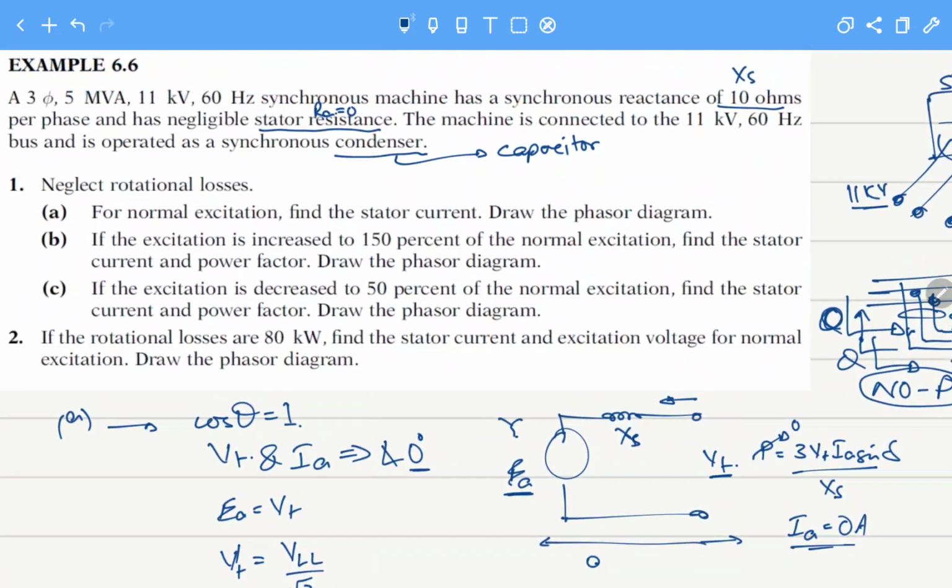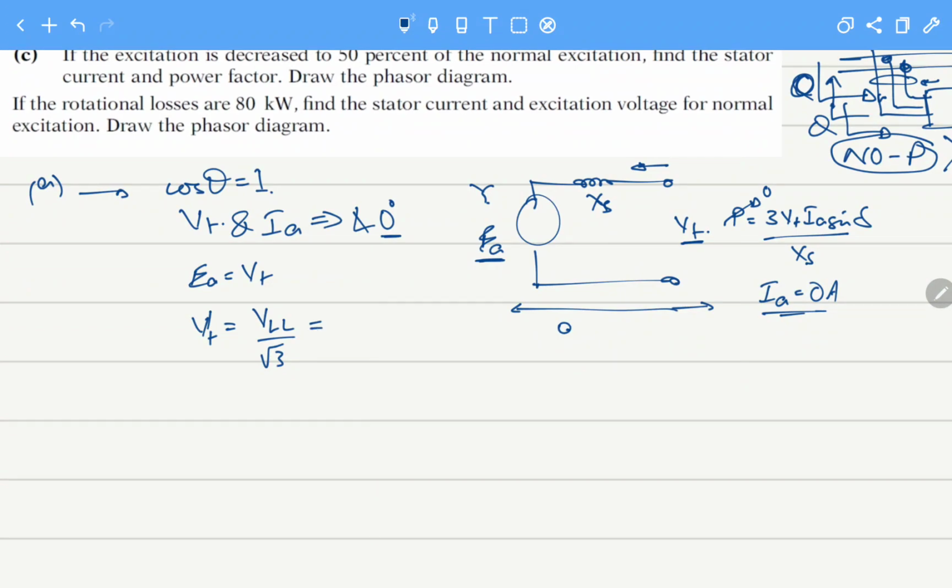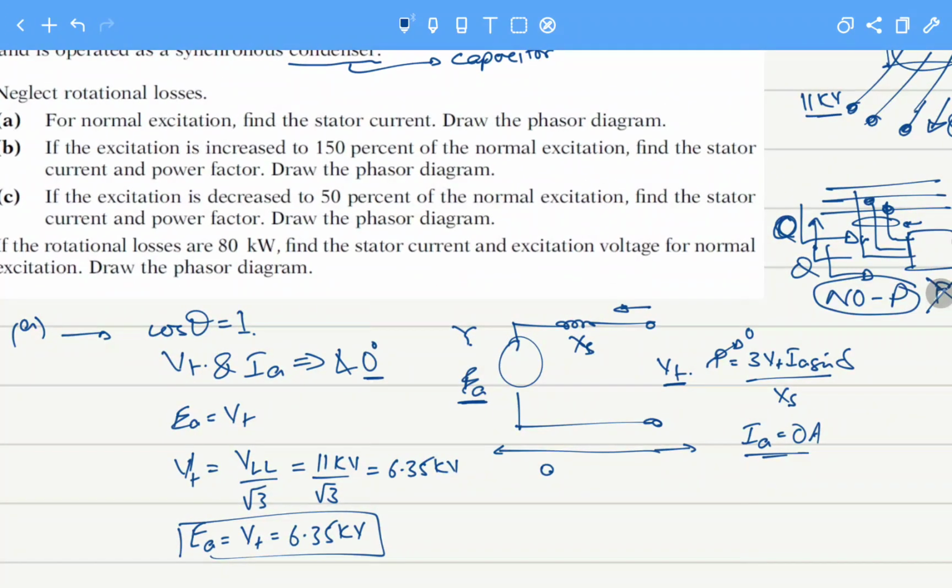They have given us the line-to-line voltage, that is the 11 kV bus bar, so 11 kV divided by root 3. Our Vt is equal to 6.35 kilovolts per phase, and thus Ea equals Vt equals 6.35 kilovolts. So this is the answer for the first question.